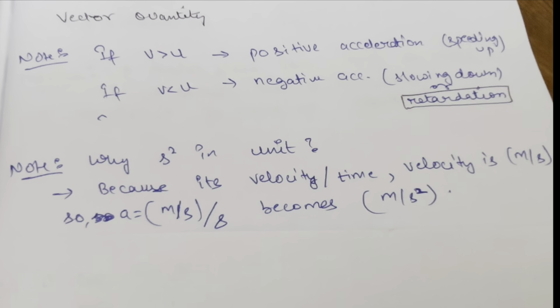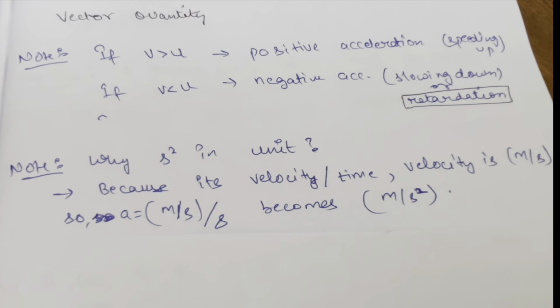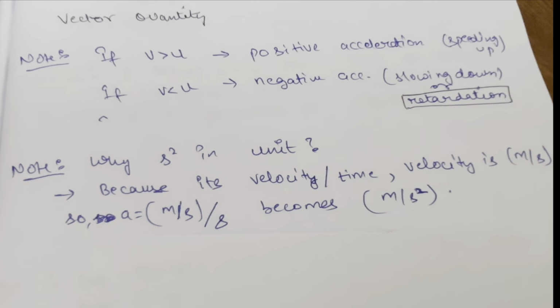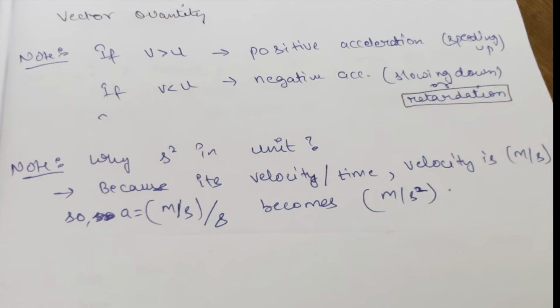So that's how the meter per second square comes up. So we can look at it like how fast your speed is changing over time, or how much your speed is changing over time. And so this is acceleration.